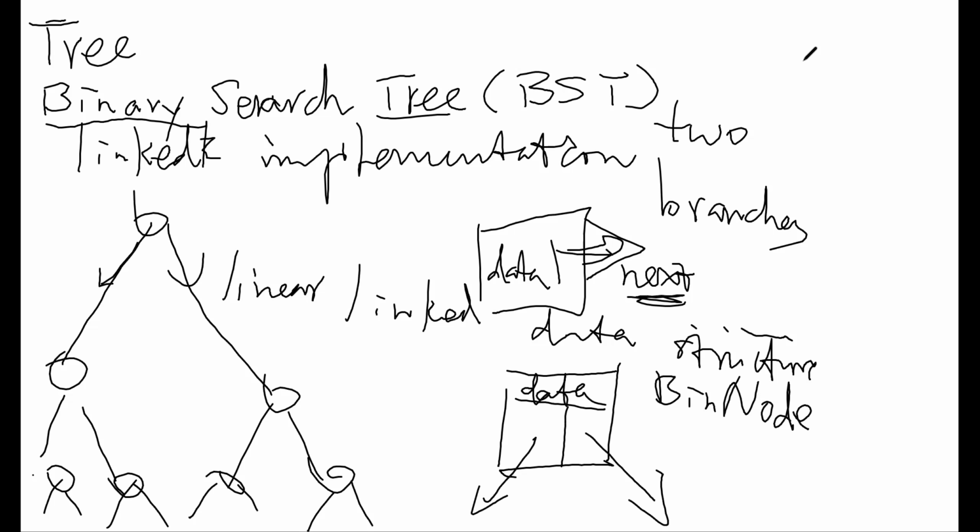One we call left, and the other we call right. So it has a left child and a right child. That's the general idea. Next, let's see an example of what a binary search tree looks like.